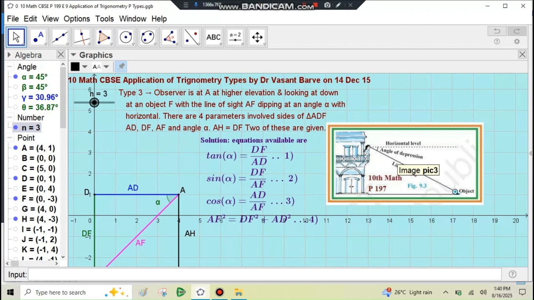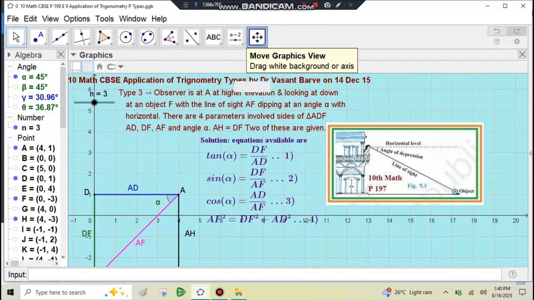Once you know this angle of depression, you immediately know this angle also, because these two are parallel lines, and therefore this angle is the same as this angle, and this is going to be 90 minus that angle. So knowing this particular side and the angle, it is possible for us to find out the distances. So tan alpha is DF by AD, okay, and here I have made that particular sketch. I can move this up a bit.